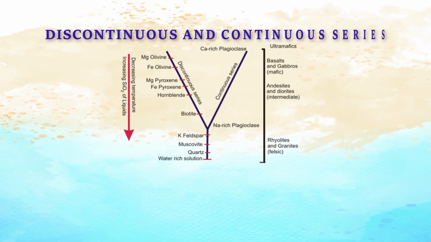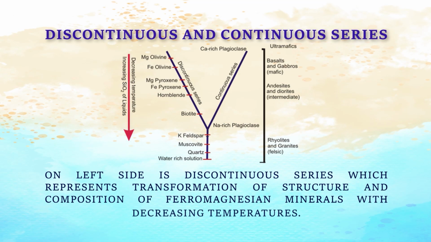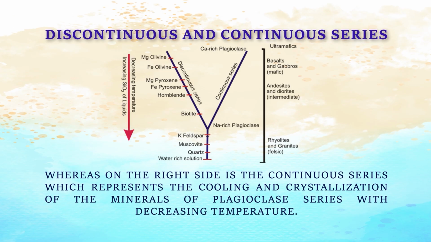On your left, the discontinuous series represents transformation of structure and composition of ferromagnesian minerals with decreasing temperatures, whereas on the right, the continuous series represents cooling and crystallization of minerals of the plagioclase series with decreasing temperatures.